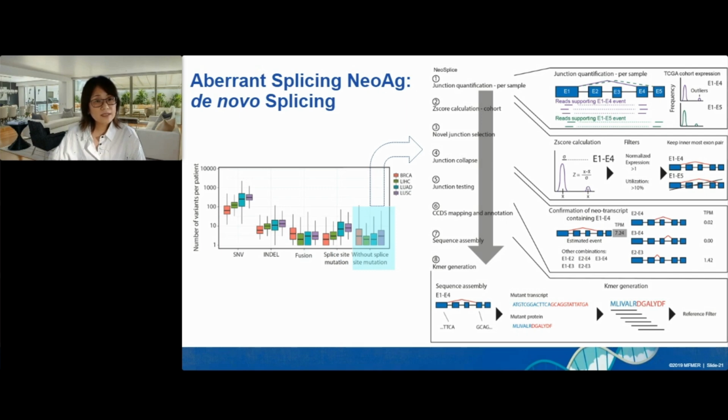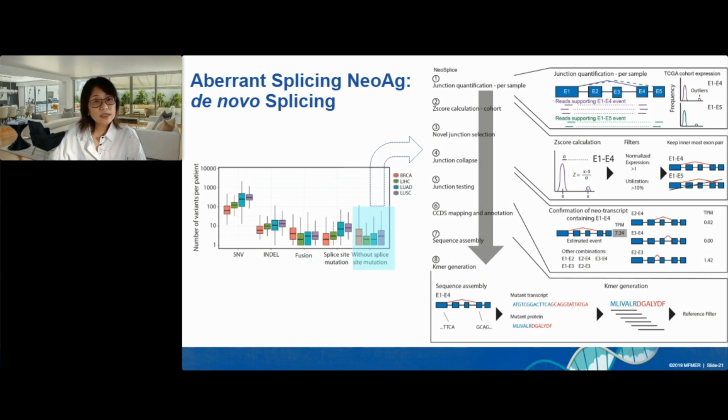Next, we use a z-score threshold, assuming these events are rare, and in addition, require that the novel transcripts are expressed and the fraction of the novel junctions is at least 10%. Next, we eliminate E1, E5 if there is evidence showing the so-called E1, E5 junction reads actually also support E1, E4.